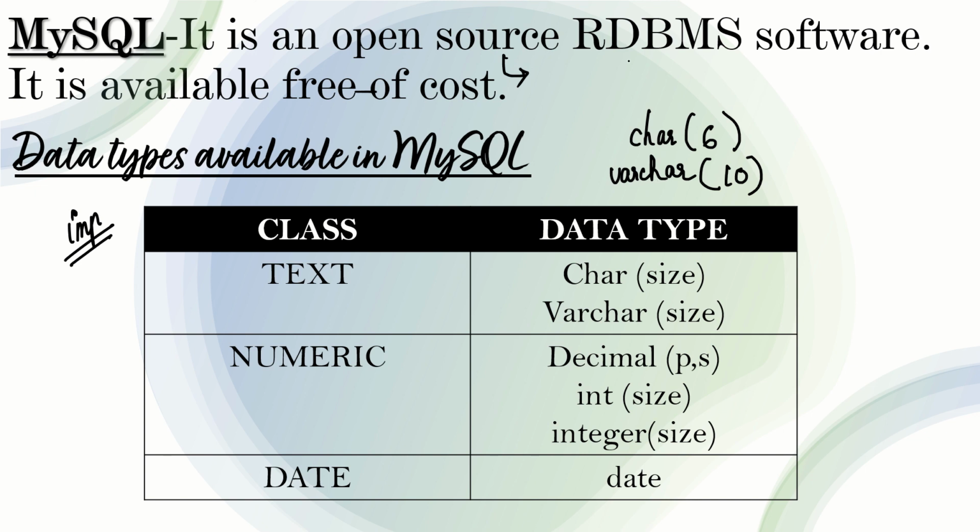Now if I write varchar of 10, this is our word, source is our word, and source has 6 letters. If I give varchar of 10, it will only take 6 spaces. Whereas if I give char of 10, after writing these 6 letters, 4 blanks will be there.